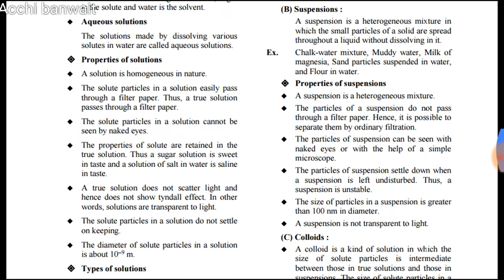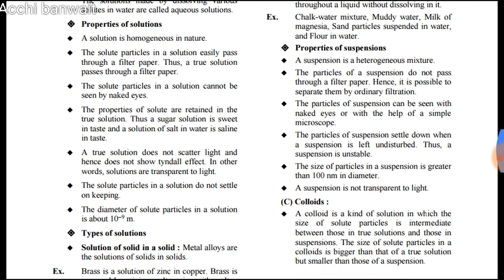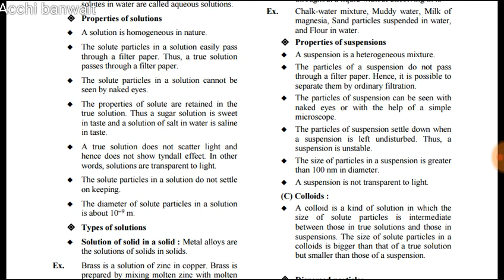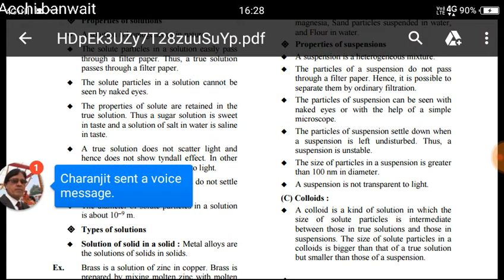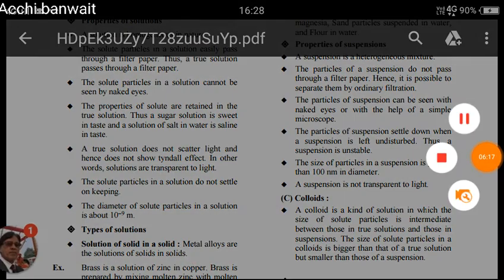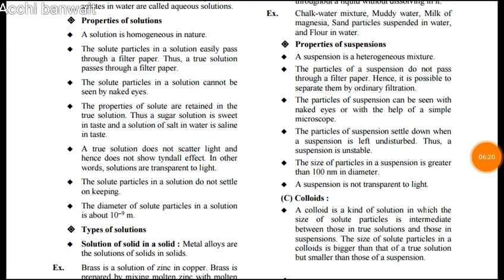Whereas in the true solution, we can only see the particles under a high precision microscope. The next is fourth, the particles of suspension settle down when a suspension is left undisturbed, thus a suspension is unstable. Next is the size of particles in a suspension is greater than 100 nm in diameter, means 100 nanometer in diameter. And last thing is, a suspension is not transparent to light.